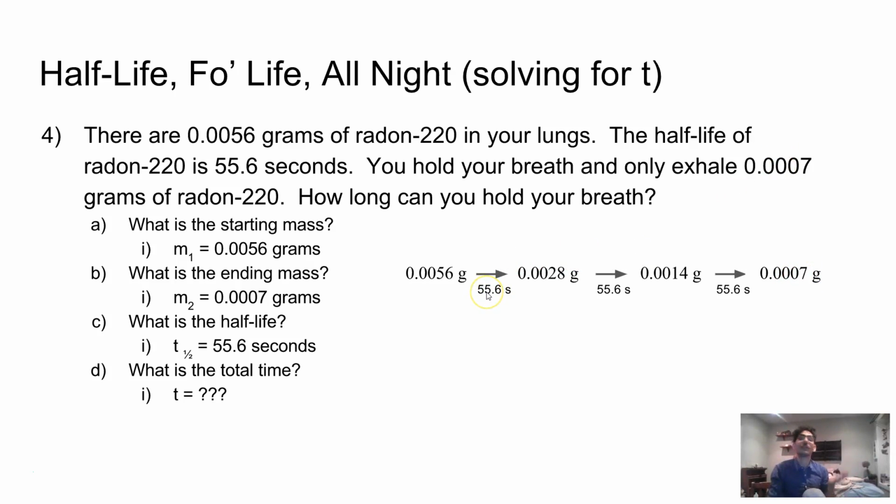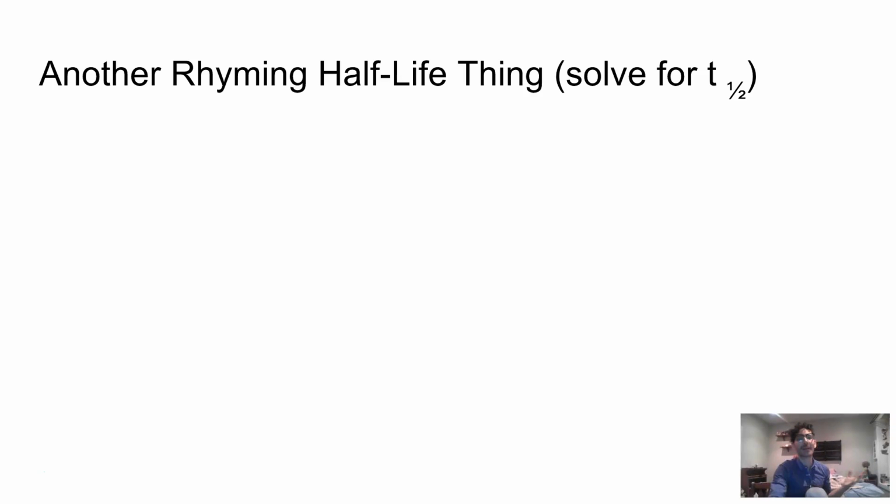And each time I've told myself, well, one half-life went by, or 55.6 seconds every time I cut this in half. So now I see, all right, I've got 55.6 seconds 3 times. So the total time will be 3 times 55.6 seconds, or 166.8 seconds, a little bit shy of 3 minutes, which is a pretty long time to hold your breath. Good job. Let's look at one more problem.